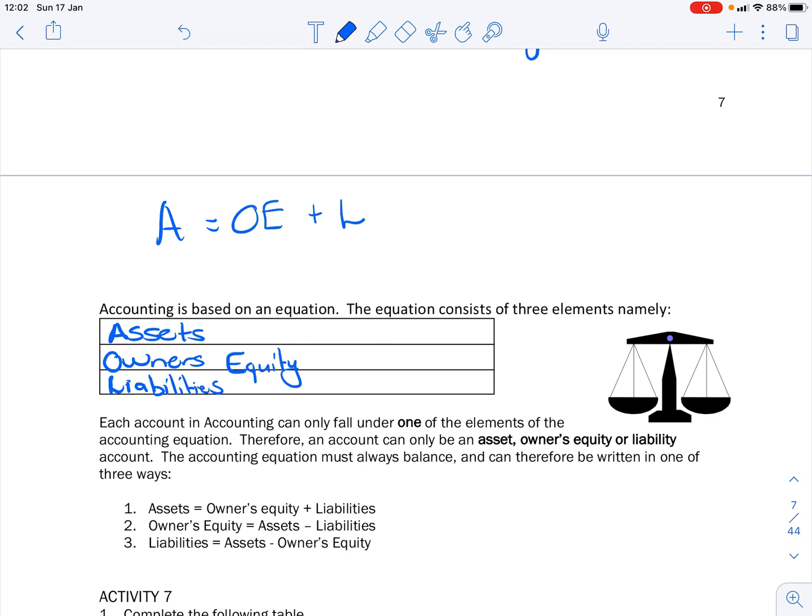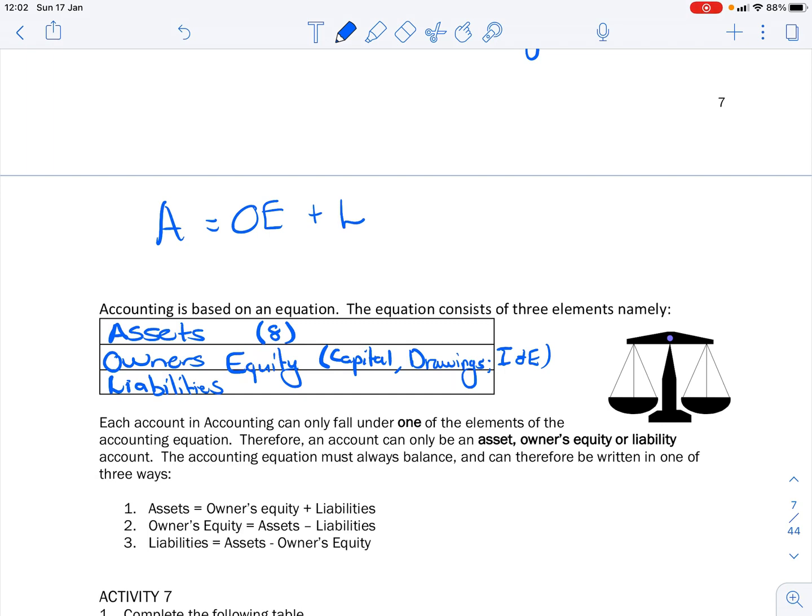We spoke about our 8 assets, our 3 non-current and 5 current. We spoke about owner's equity consisting of capital and drawings. Remember, incomes and expenses also have an effect on owner's equity.